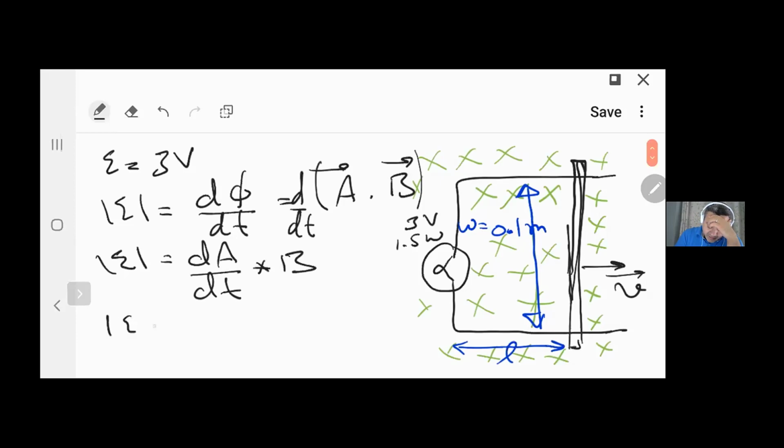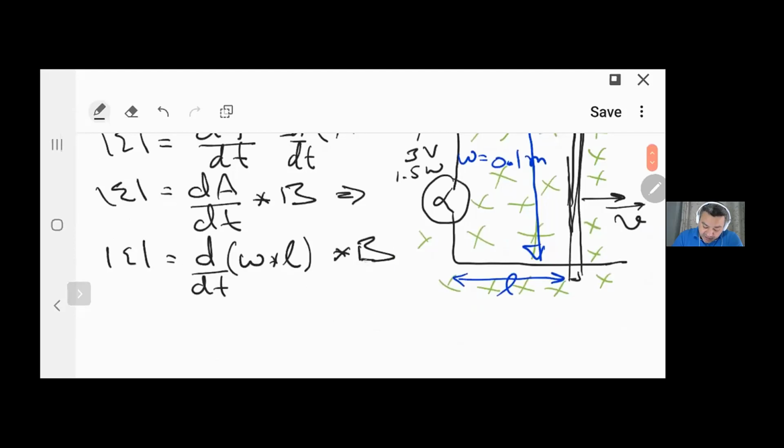So the electromotive force equals d over dt of W times L, and this is all multiplied by the magnetic field.